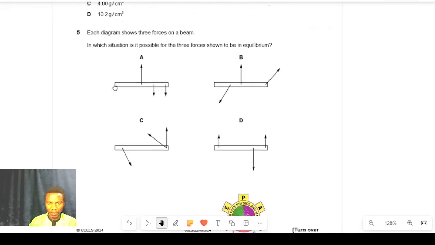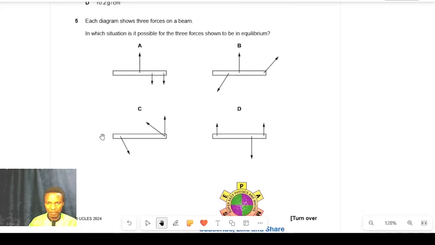So let's go to question 5. It's on equilibrium of forces. In which situation is it possible for the three forces shown to be in equilibrium? This one cannot be in equilibrium because it is going to produce a clockwise moment.